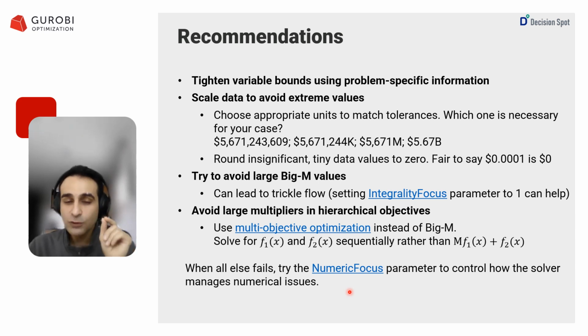But if you are seeing persistent issues, increasing this setting to 1, 2, or even 3 can be very effective. Each higher setting shifts the solver's focus towards being more careful in numerical computation. But with higher values, Gurobi will spend more time checking the numerical accuracy and it will use more expensive techniques in order to avoid potential numerical issues. So approach this one cautiously.